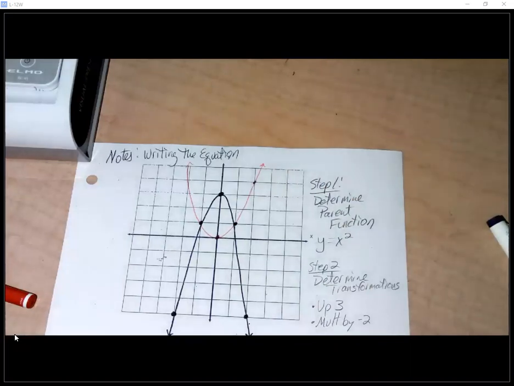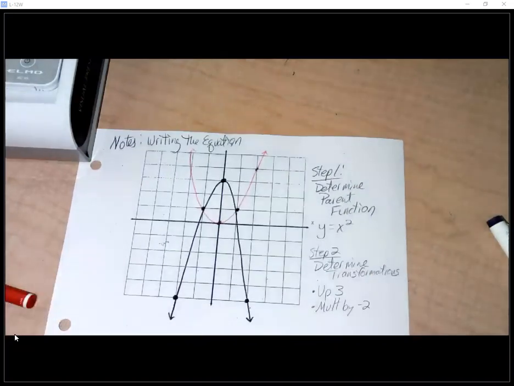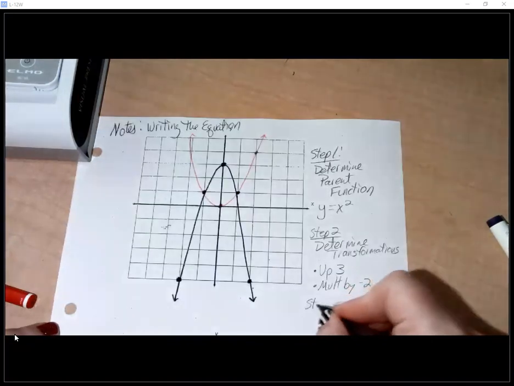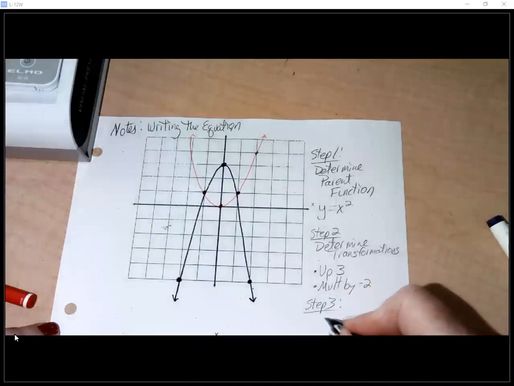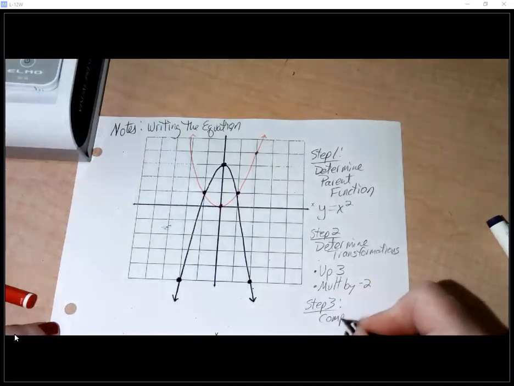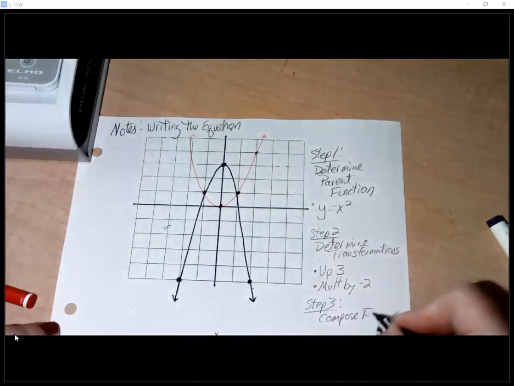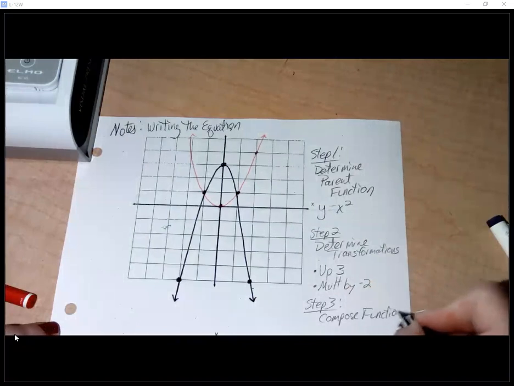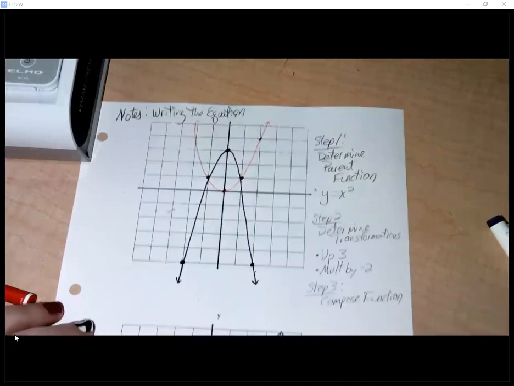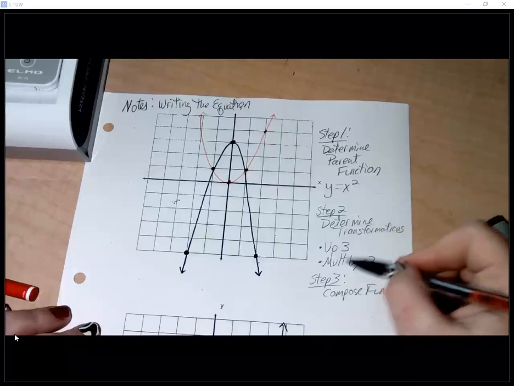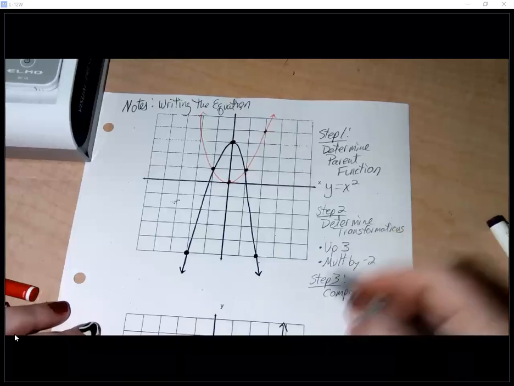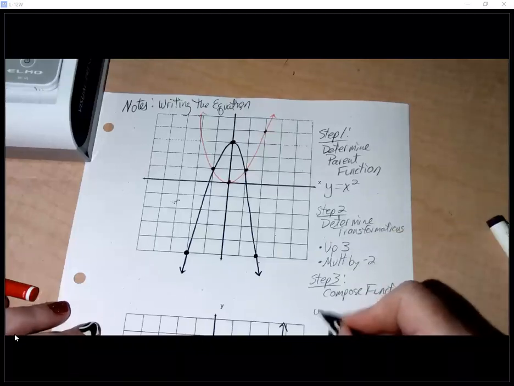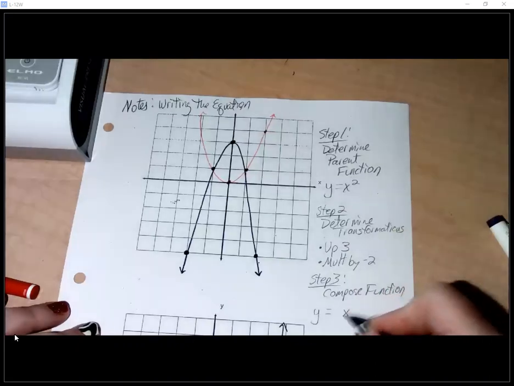All right. Now your step 3 is to just write the function all together. So we're really just going backwards from where we were. So step 3, I want to compose my function. So I know I'm going to take y equals x squared, and I have to show these things happening in it. This one's easy.